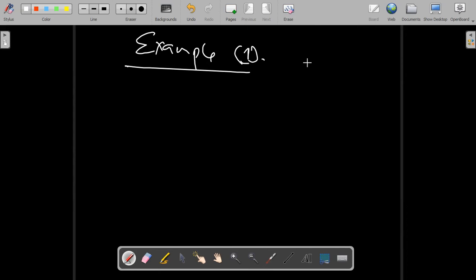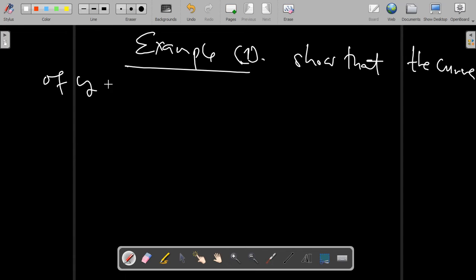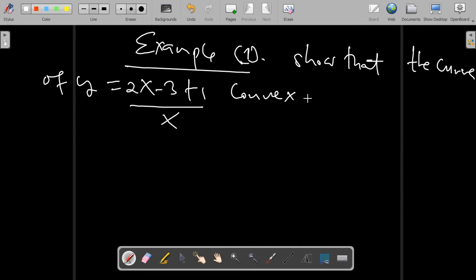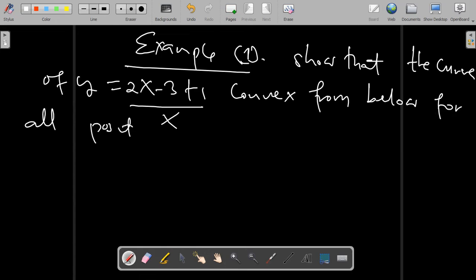Example number 1: show that the curve y is equal to 2x minus 3 plus 1 over x is convex from below for all positive values of x.